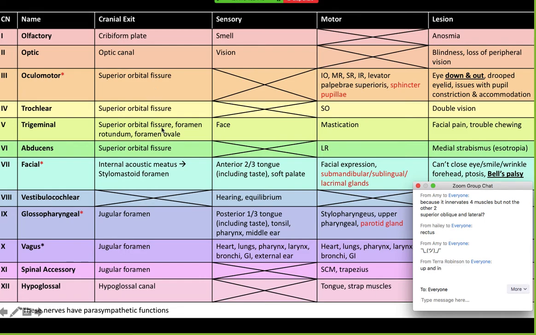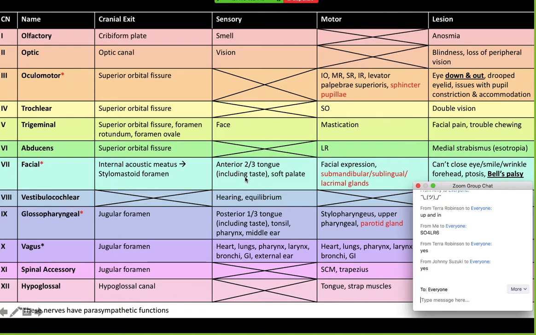Okay. And are you guys familiar with the mnemonic SO4 LR6? Have you seen that before? Okay, right.